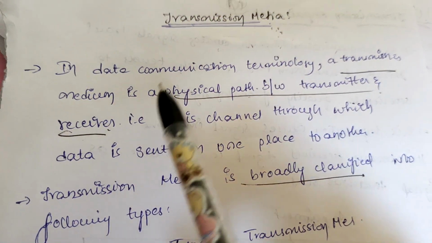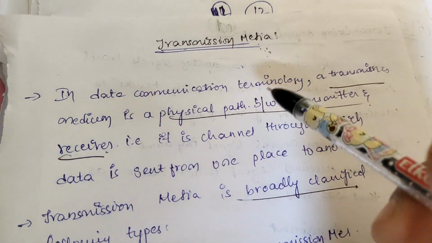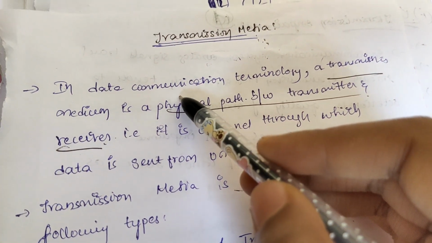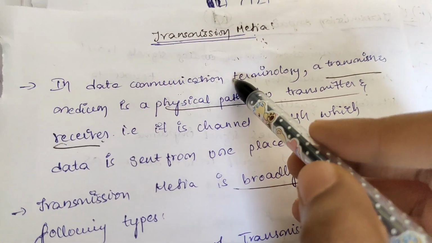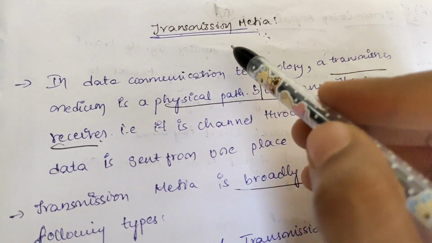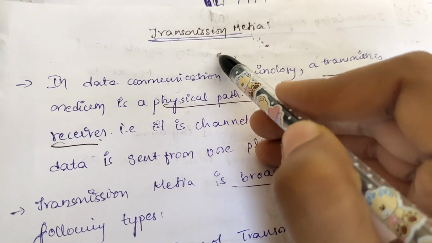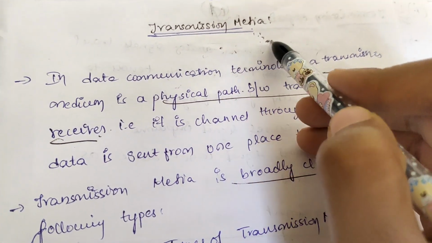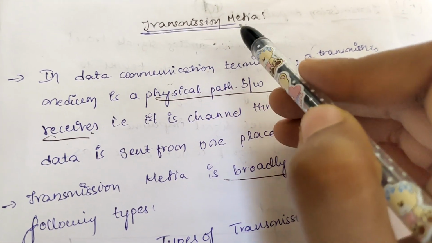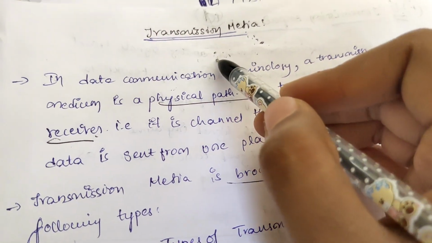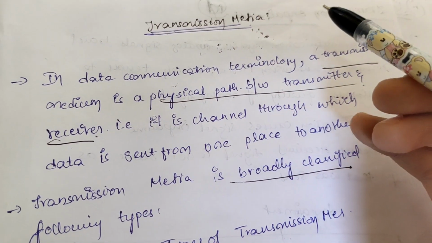First of all, what is a transmission medium? If we want to pass a message from the sender to the receiver, we need some path. So between the sender and the receiver, we need something to pass it, either a coaxial cable or twisted pair cables, and many types like this.